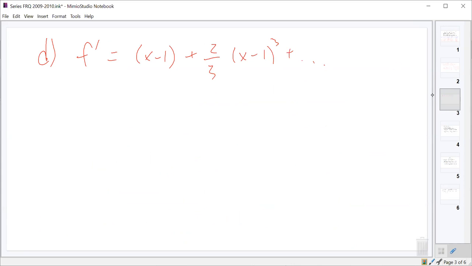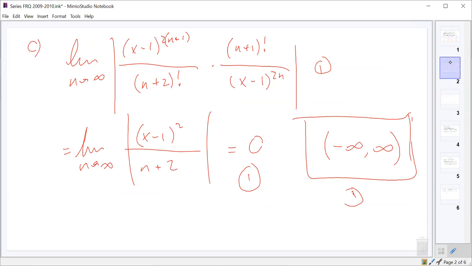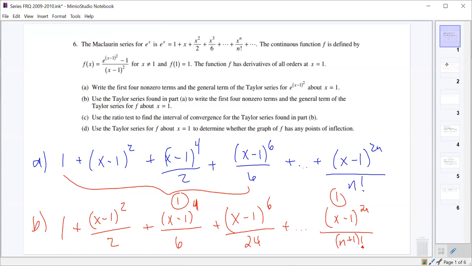We'll maybe do one more. What was the next one after that one? 6, so 1/4 x minus 1 to the 5th.